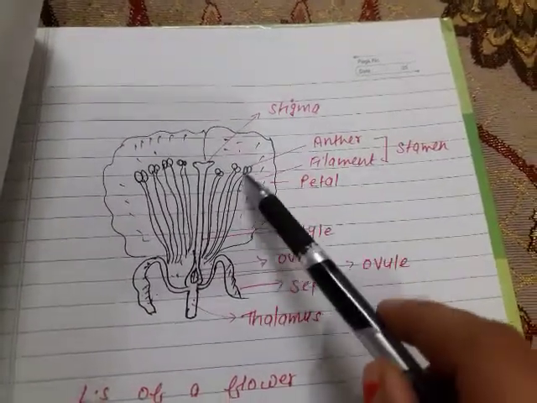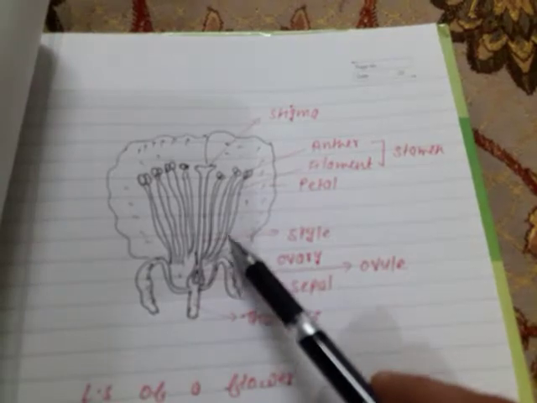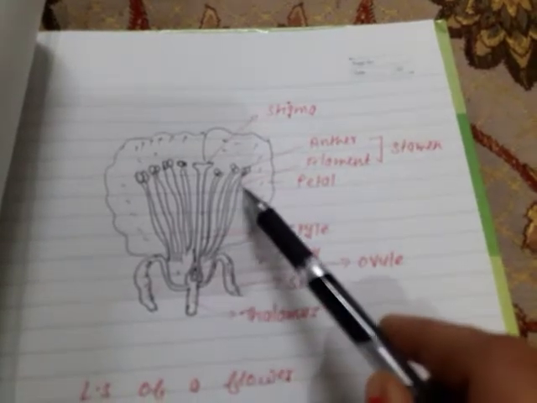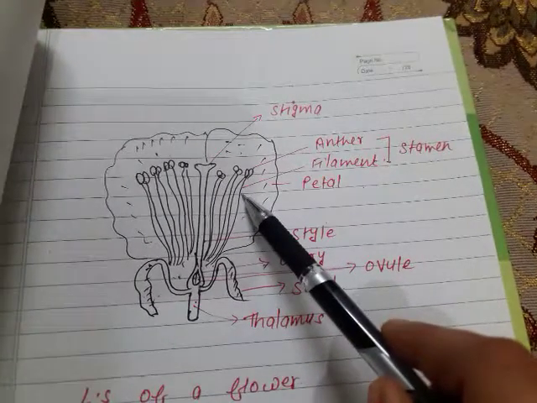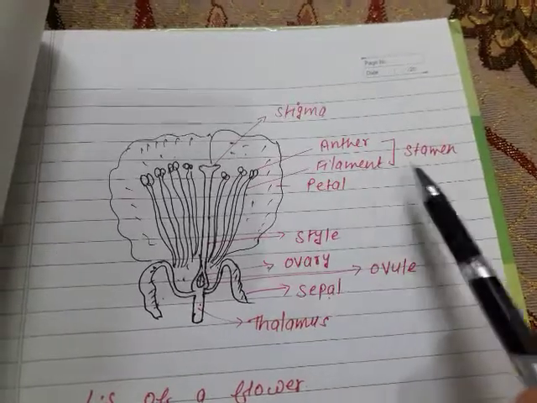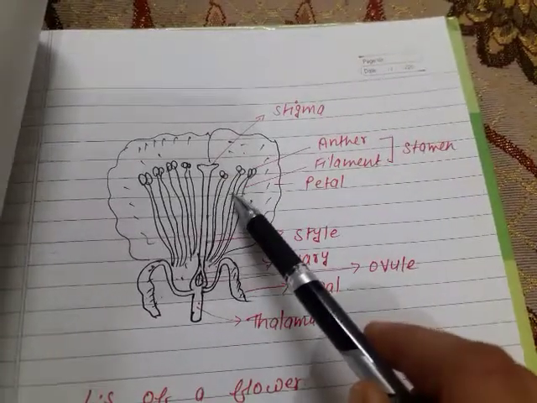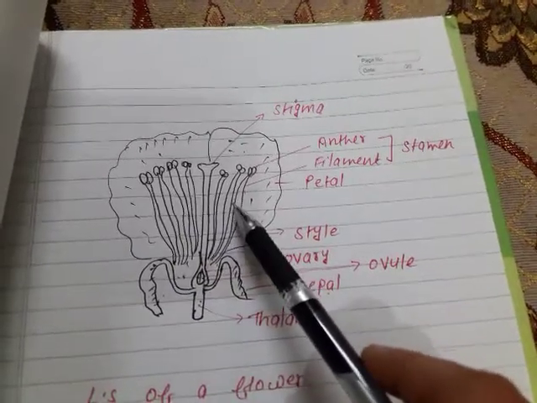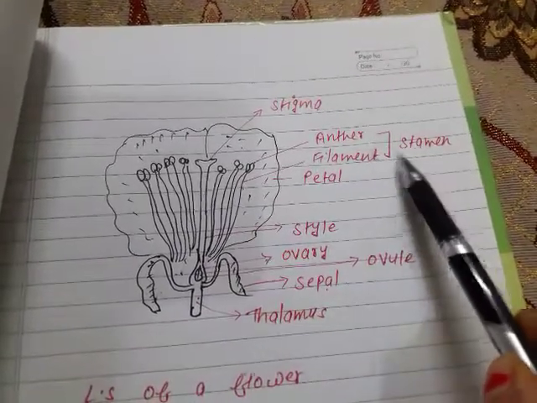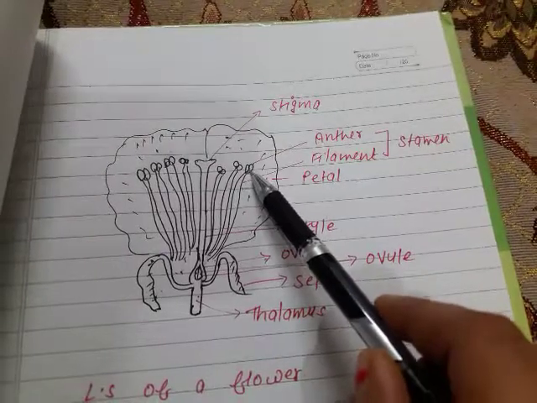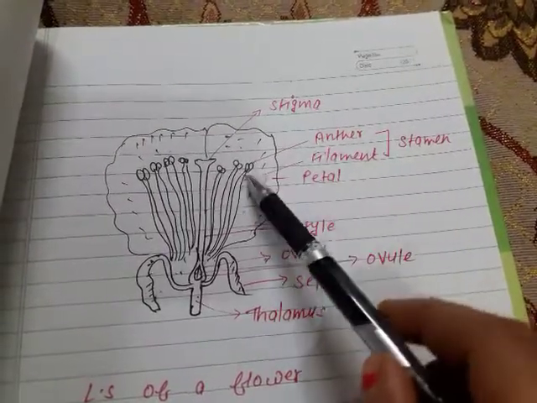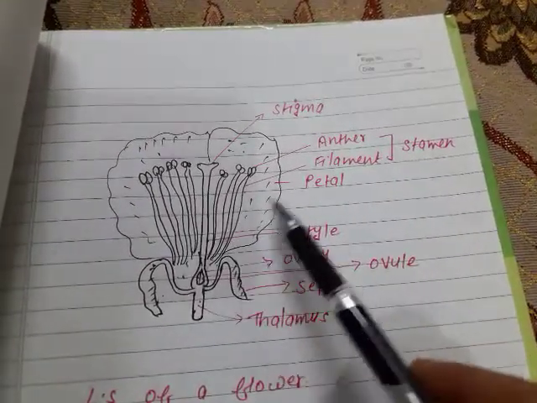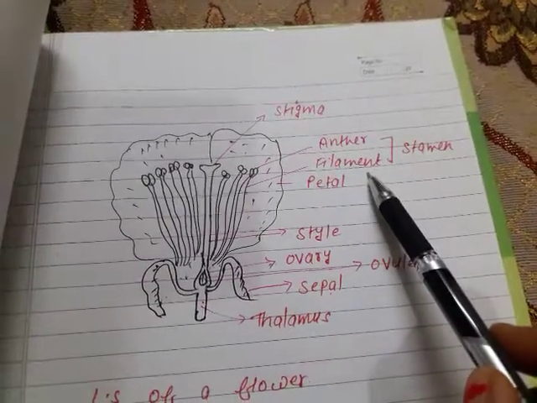Similarly, this is the male reproductive part, the androecium, and its individual appendage is the stamen. These are 1, 2, 3, 4, 5, 6, 7 stamens. The stamen has two parts: this lobed structure is the anther, and this stalk is the filament.